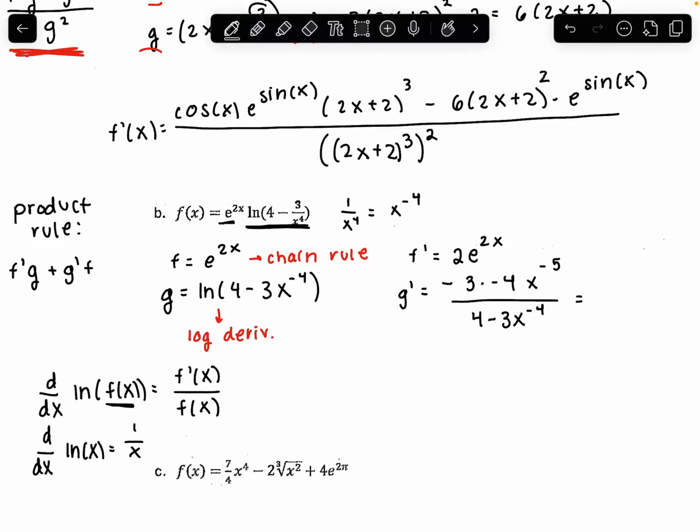So this gives me positive 12 x to the negative 5 over 4 minus 3x to the negative 4.